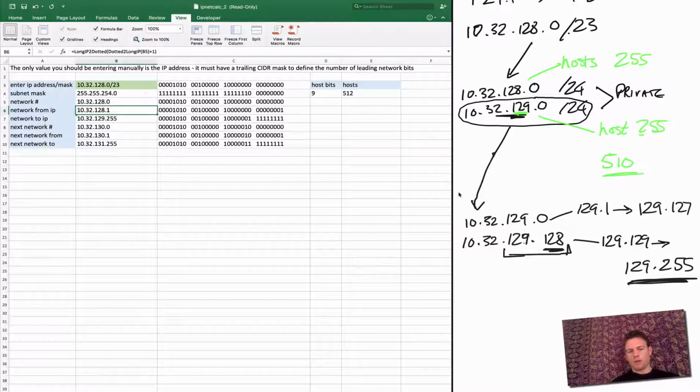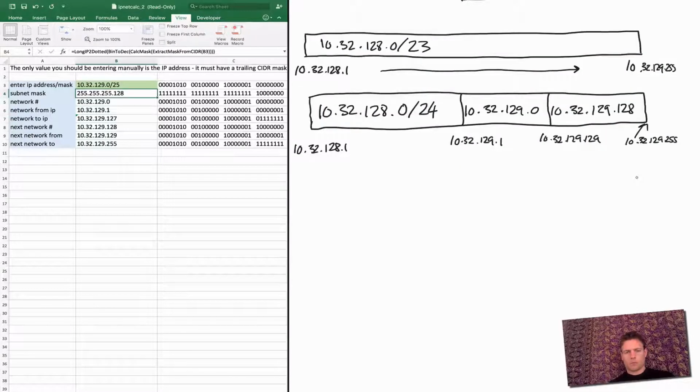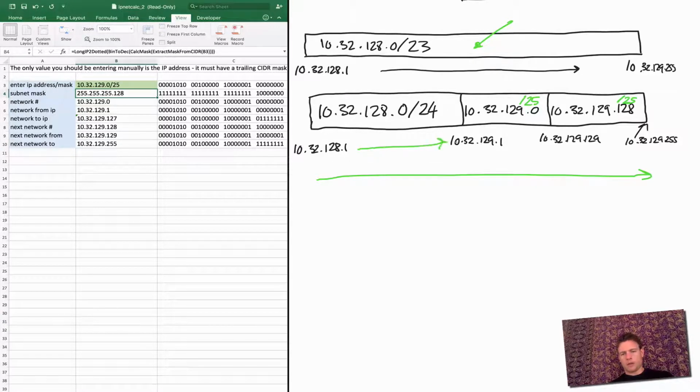basically, if I try and draw this a bit better now. What we've done here is taken this original IP range that we were given of all these hosts, 128.1 to 129.255 in a /23 network, and we split that IP range into three different subnets: one /24 subnet and two /25 subnets, with these network numbers and these IP ranges.